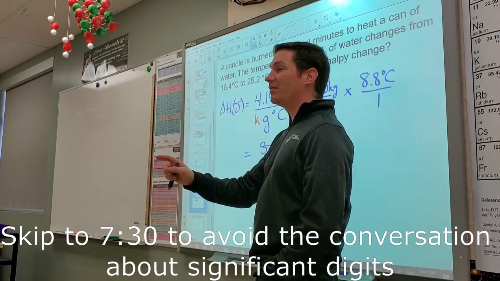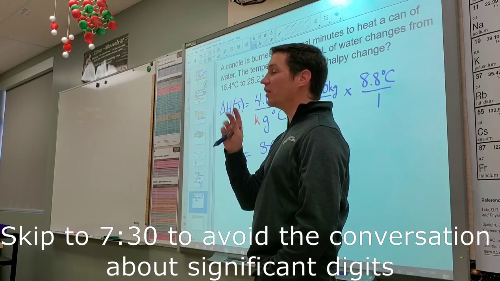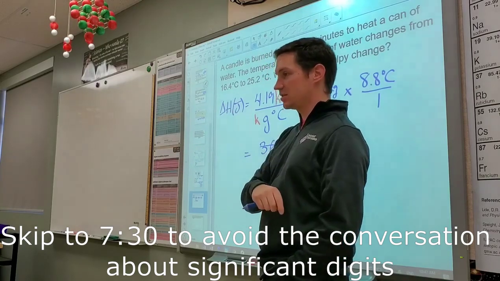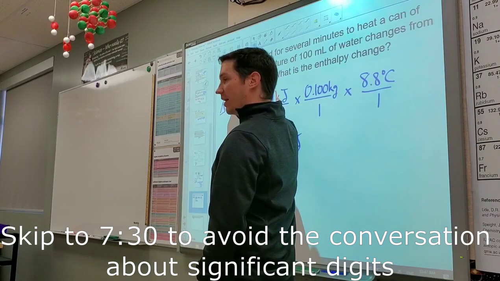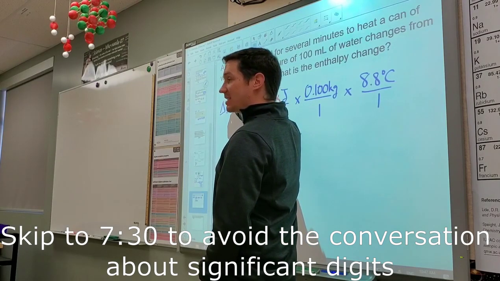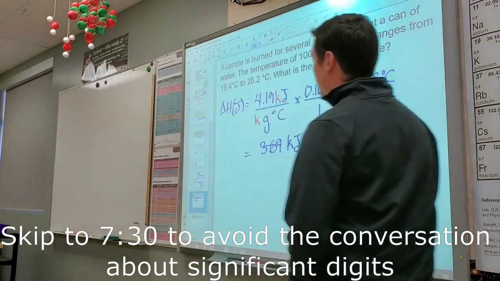When I multiply and divide, it's the lowest number of significant digits. But when I add and subtract, I have to take the lowest number of decimal places.